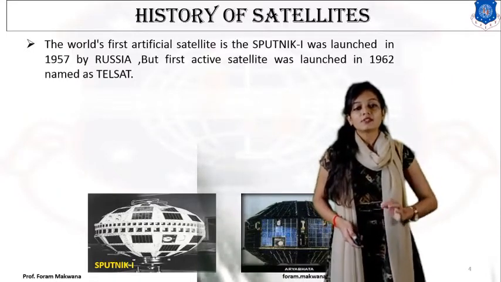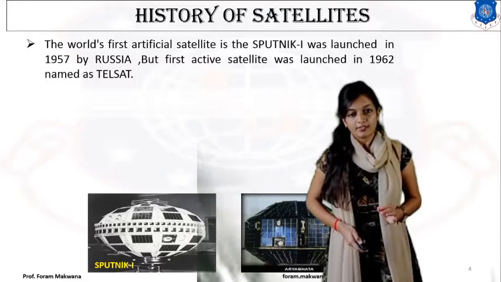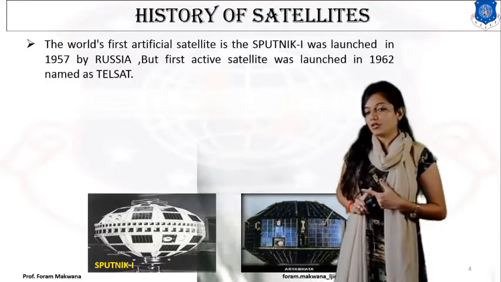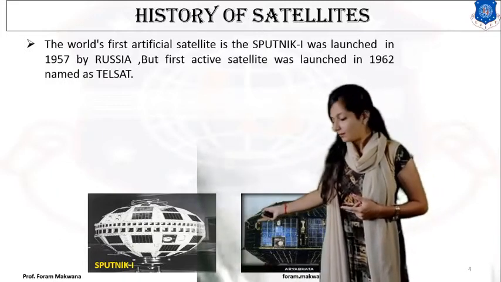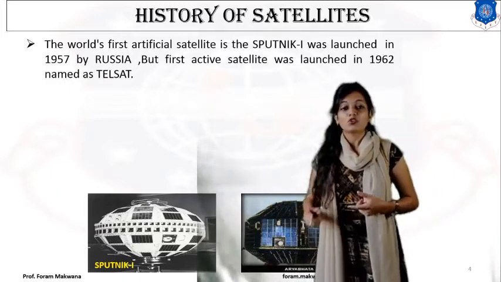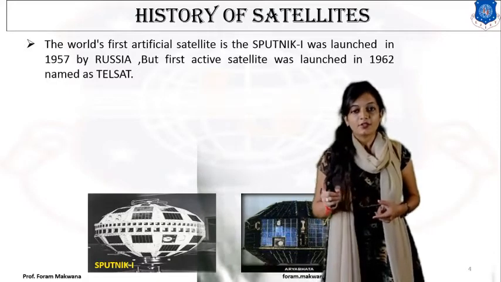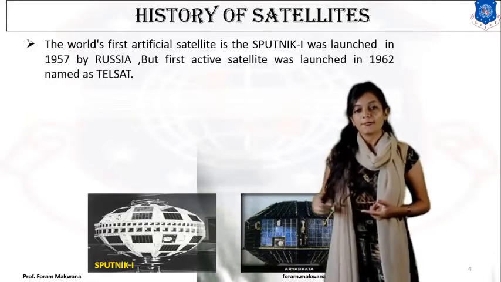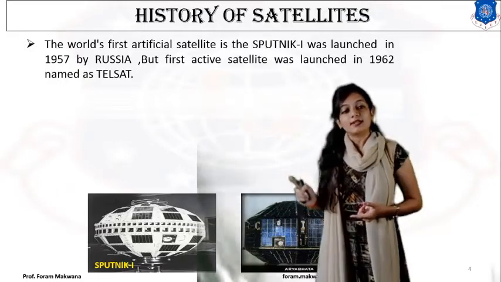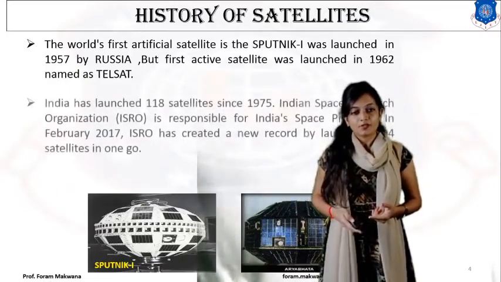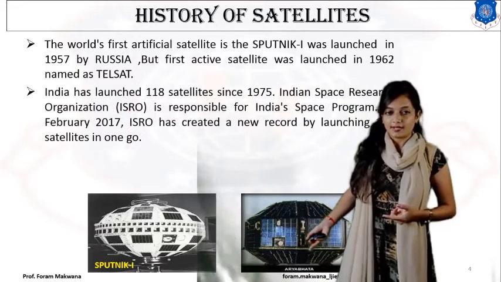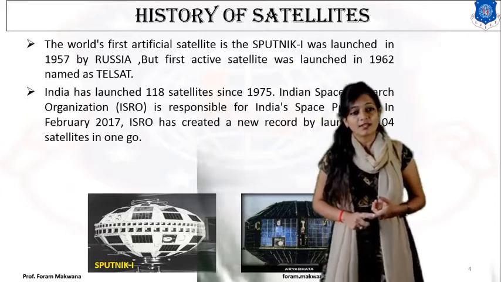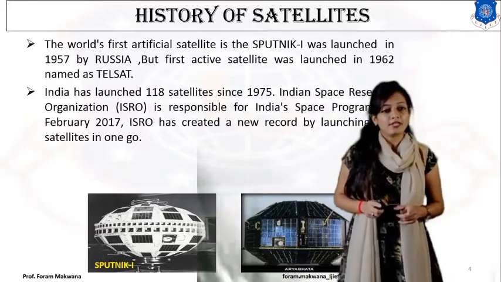The first artificial satellite is Sputnik 1, which was launched in 1957 by Russia. The first active satellite was launched in 1962, and its name was Telstar. The Aryabhatta satellite, as we know, was launched by India.